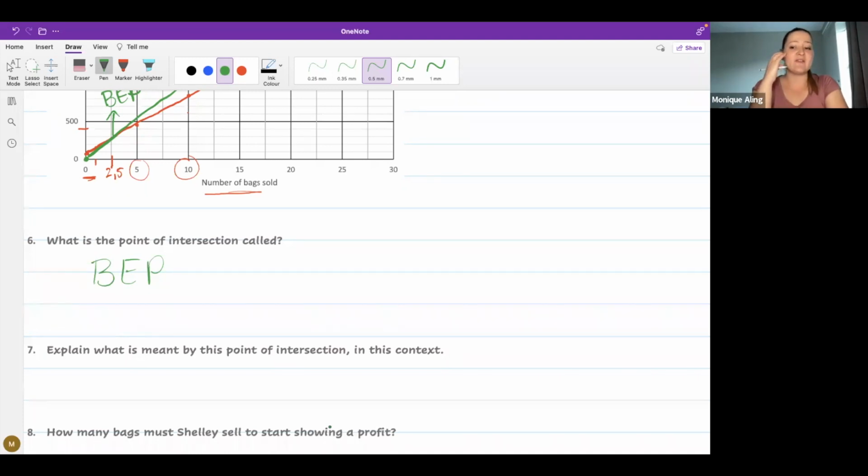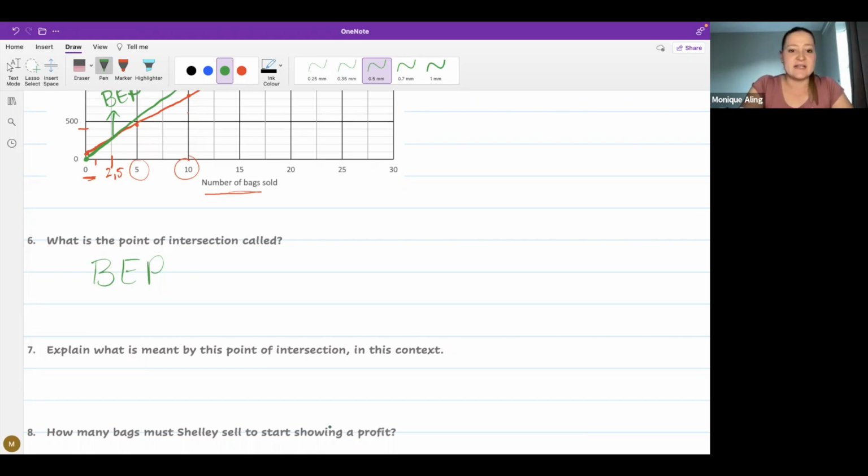Okay, so the break-even point, what does it mean for Shelly? Surely, if you're a business owner, you want to know how many bags you need to sell to cover your expenses, how much you need to sell to cover all your expenses.